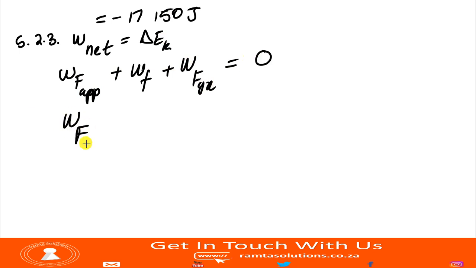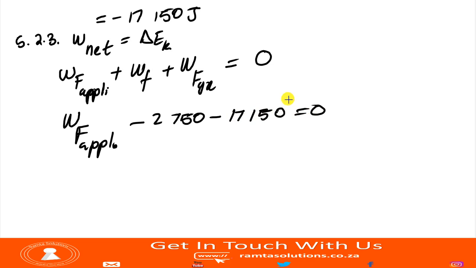Now, what is this? So we said work done by friction was negative 2,750. And the work done by gravity, the horizontal component of gravity, was 17,150, isn't it? So let me see in my calculator. I will say answer plus previous answer.